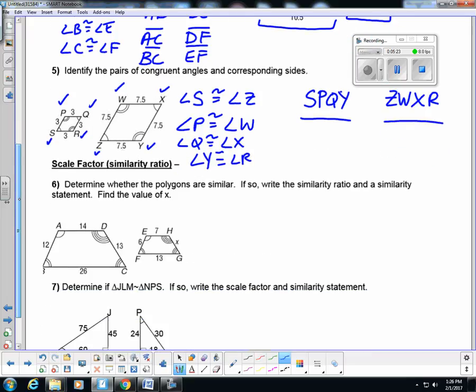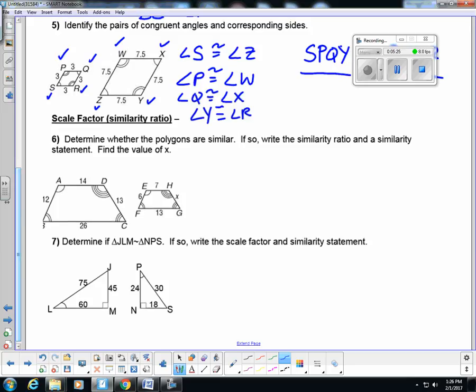Okay, now let's do some math. I want to determine whether the polygons are similar. And if so, write the similarity ratio and a similarity statement. Find the value of x. So how we're going to determine whether they're similar for these two quadrilaterals is we're going to do the following. First, you've got to check the angles. Are they congruent?